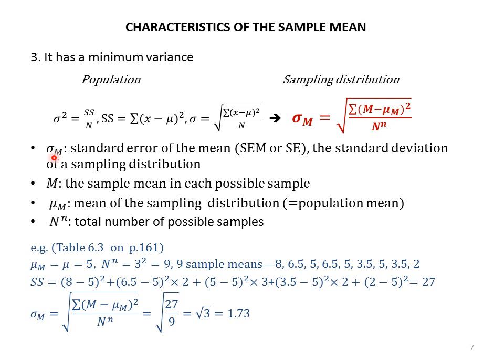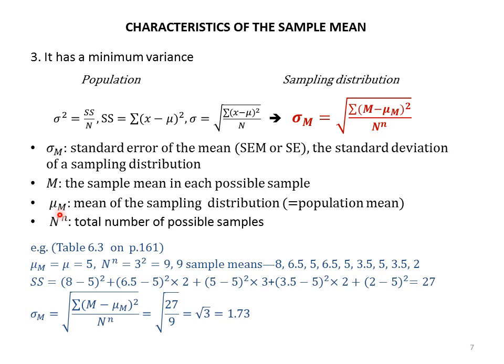The standard deviation of a sampling distribution is called the standard error of the mean, or standard error. It is represented by sigma with a subscript uppercase M. The uppercase M means the mean of each sample.